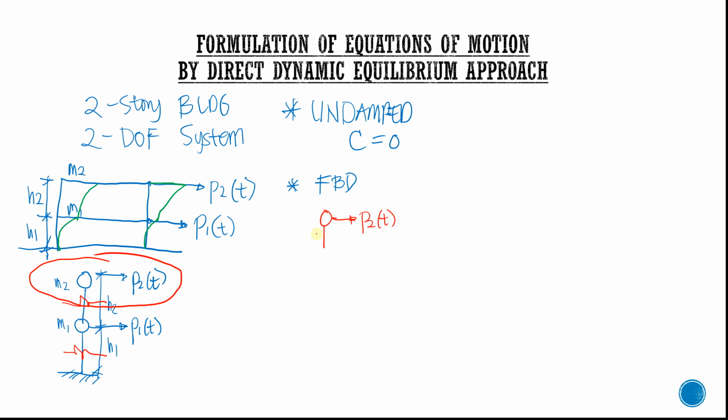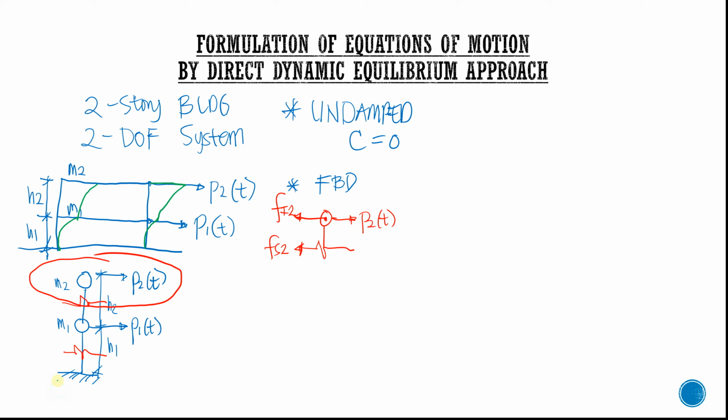If there is an applied dynamic force, we have the mass, and then we have also the stiffness of the column. There is also what we call the inertia force for the second floor, and as well, we have the static force or the elastic restoring force for the second floor.